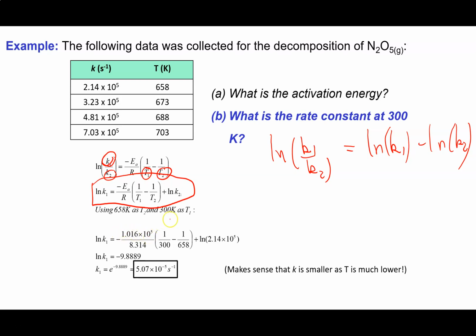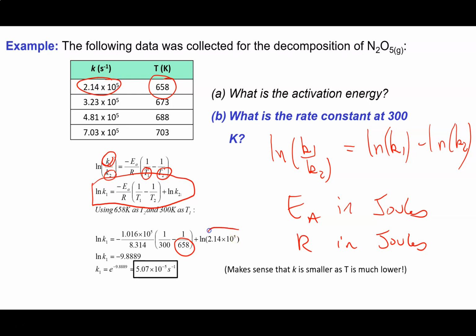See here how I had to put my EA in joules, otherwise my units are going to be out, because R is in joules. They have to both be in joules. That's why there's the 10 to the 5 there. My temperatures are in Kelvin, and I just picked the first one to be my T2. As long as I keep that straight, it looks good.